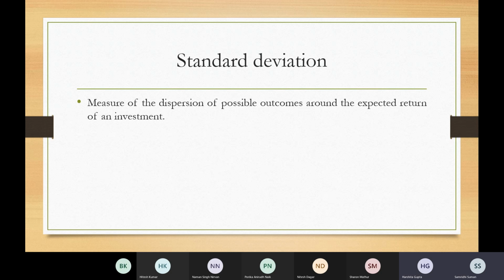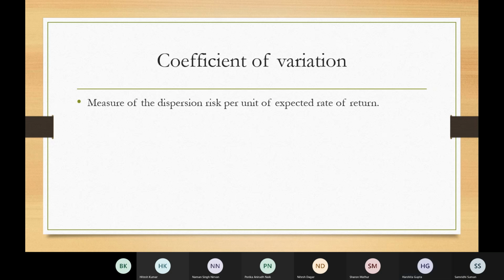Porika, Hitesh, Naman, Banothu, Sharon? Okay, it's the simple statistical standard deviation that we calculate. It's easy. Okay, let's move on. Coefficient of variation is again a measure of dispersion, the risk per unit of the expected rate of return.